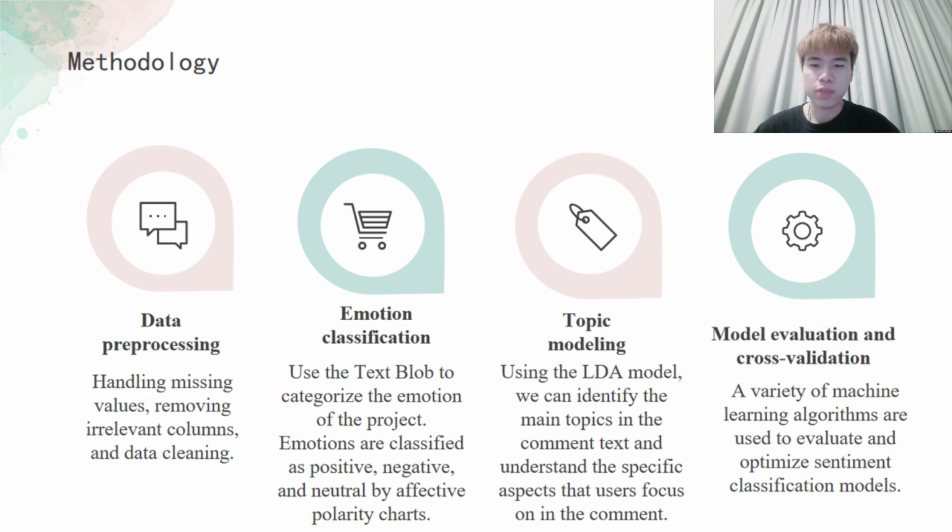Reviews with an emotion polarity score less than minus 0.01 as negative reviews, and reviews in the middle area as neutral reviews, thus dividing the 3 types of emotions. I then used LDA modeling to understand the main concerns of users in reviews. Finally, 6 models of machine learning are introduced to facilitate the verification of emotion.